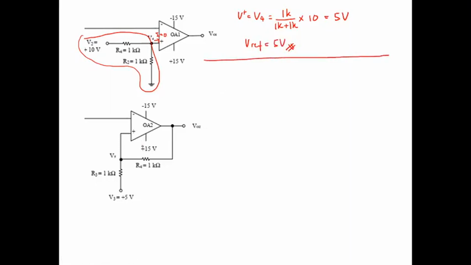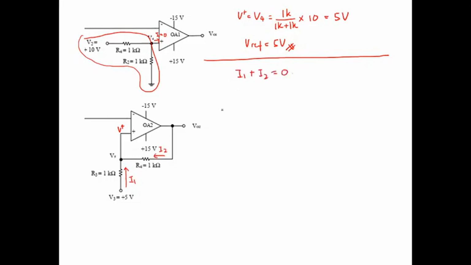For OA2, this is a Schmitt trigger. You need to calculate the VUTP and VLTP, which are calculated from the V plus equation. V plus can be derived using KCL. This is your I1 and this is your I2. I1 plus I2 equal to 0.